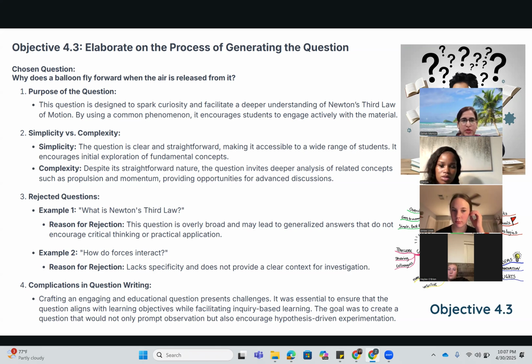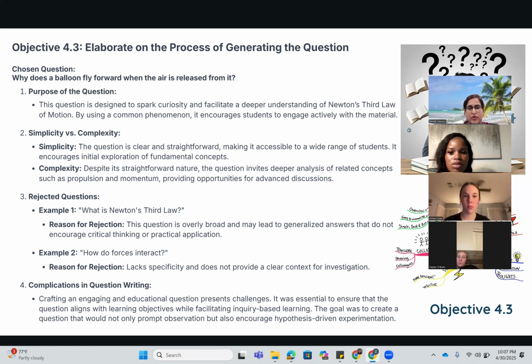The purpose of this question: our chosen question is, why does a balloon fly forward when the air is released from it? This question is designed to spark curiosity and facilitate a deeper understanding of Newton's third law of motion. By using a common phenomenon, it encourages students to engage actively with the material. It is simple, and at the same time, it is complex.